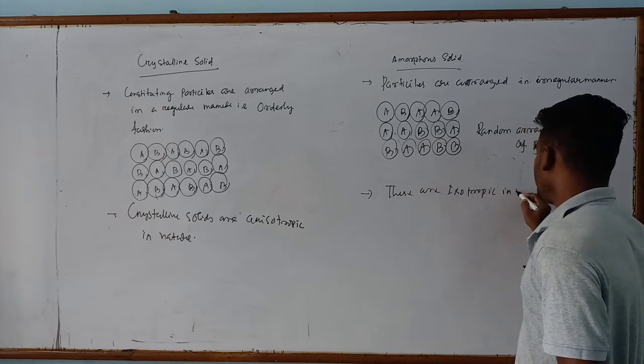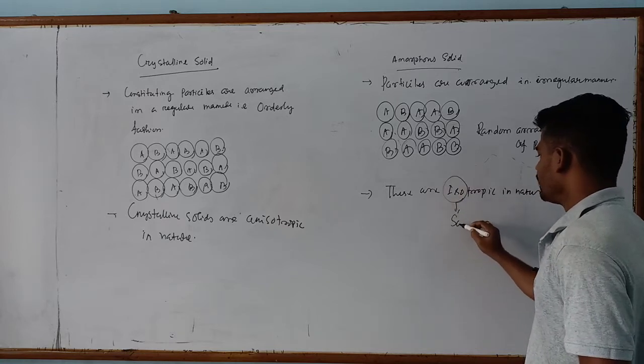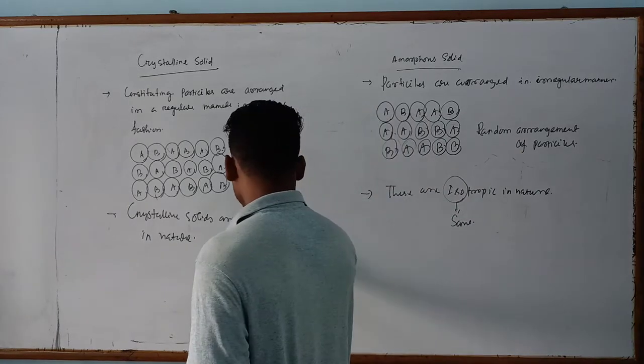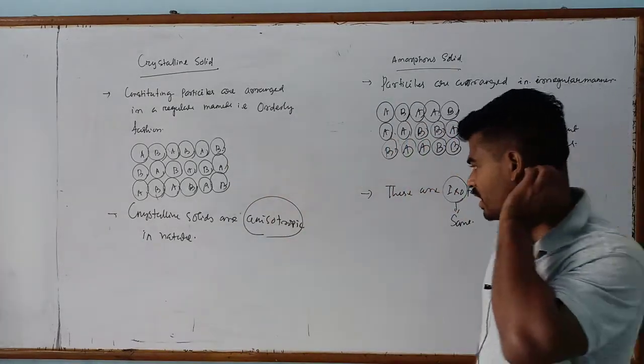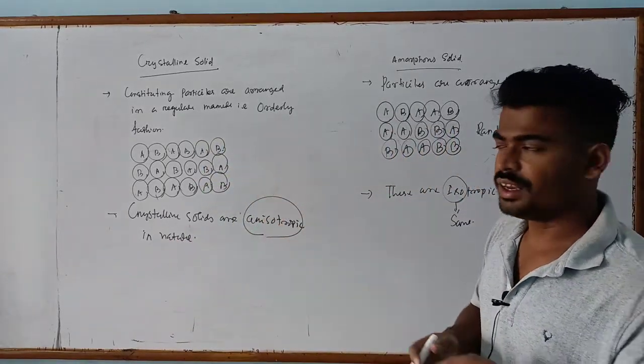Iso means same, in chemistry. Now, what do you mean by anisotropic? There are some physical properties whose value varies in every direction.